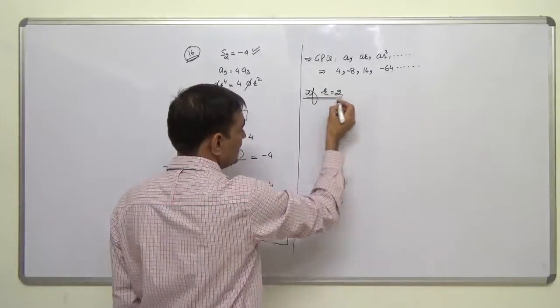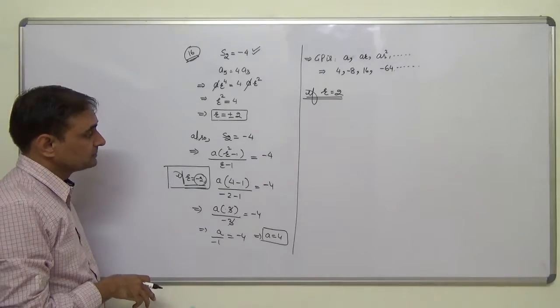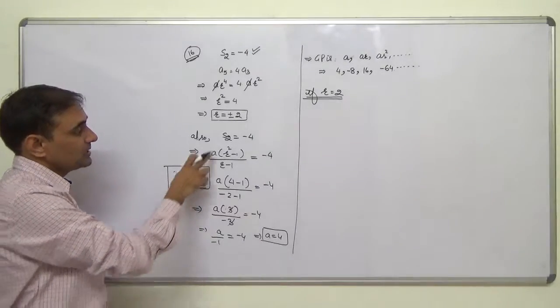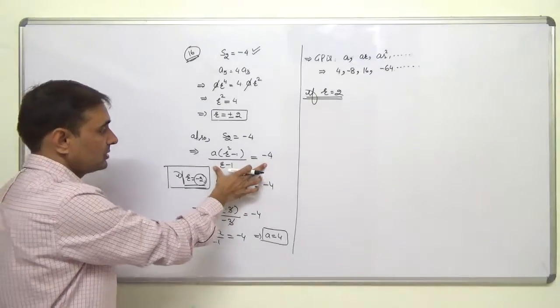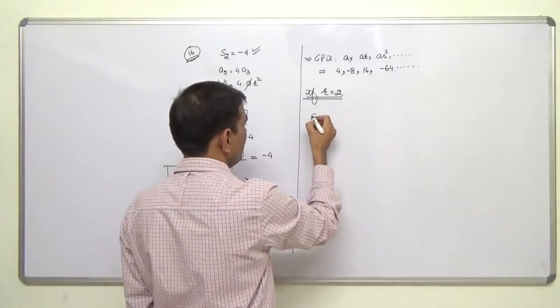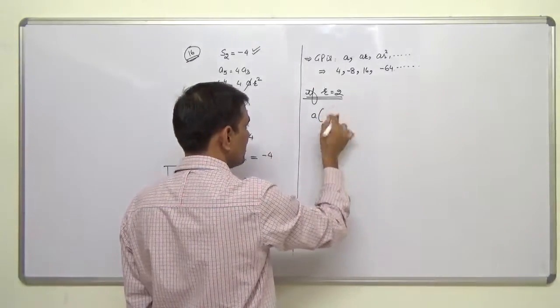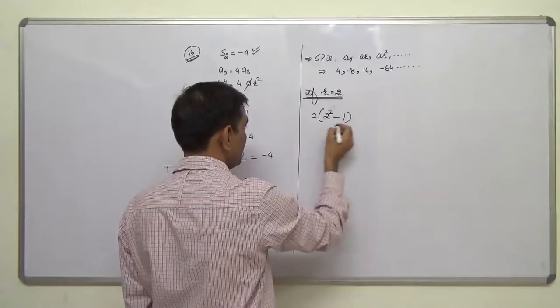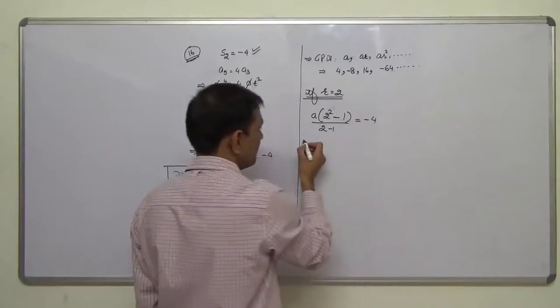R को अगर हम 2 लेते हैं, in that case similar procedure हमें फिर से रिपीट करना होगा. S2 हमें क्या गिवन था? -4. तो इस रिलेशन में हम R को क्या पुट करेंगे? 2. So it will be A into 2 square minus 1 upon 2 minus 1, that is -4.